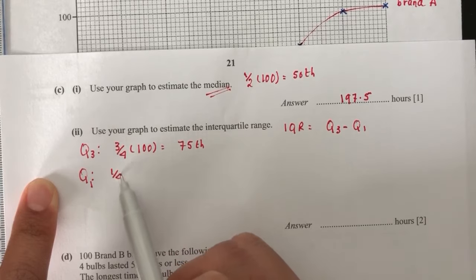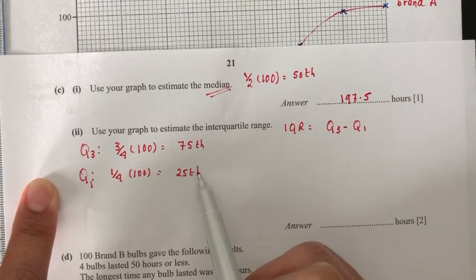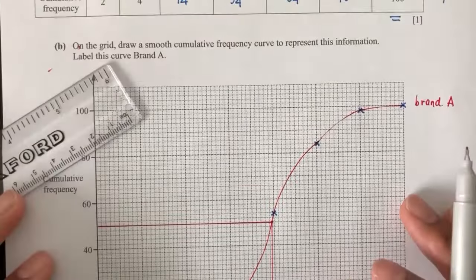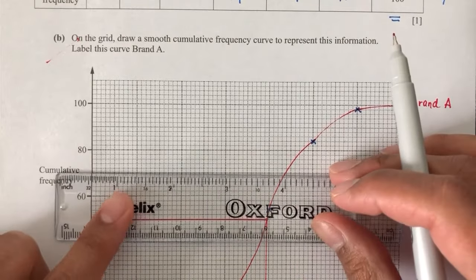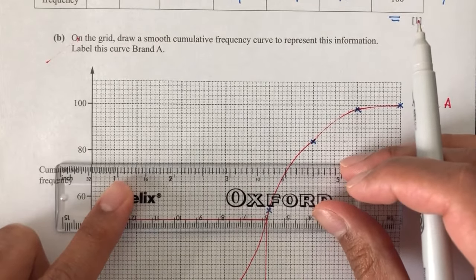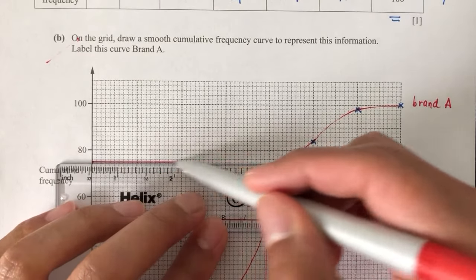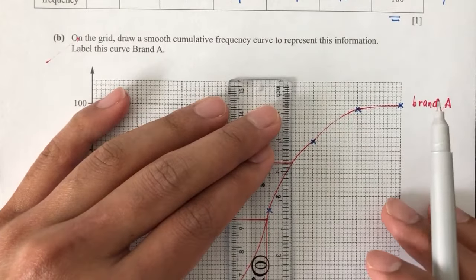It is 1/4 times 100, which is the 25th element. So let's find one by one. So first let's find where is the 75th element. This is 70. It will be right here, between 80 and 70 will be the 75th element. Should be this point, and find the corresponding value.